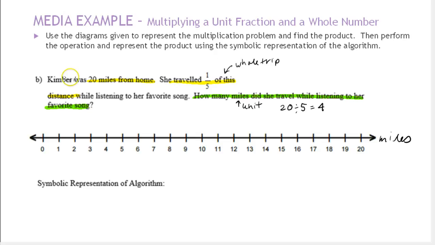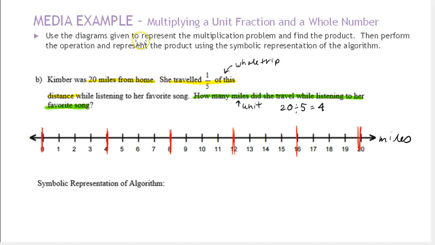So here's 4 miles. There's 1, 2, 3, 4, 5. So notice I've just taken the whole of 20 miles and I cut it into 1, 2, 3, 4, 5 equal groups of size 4.